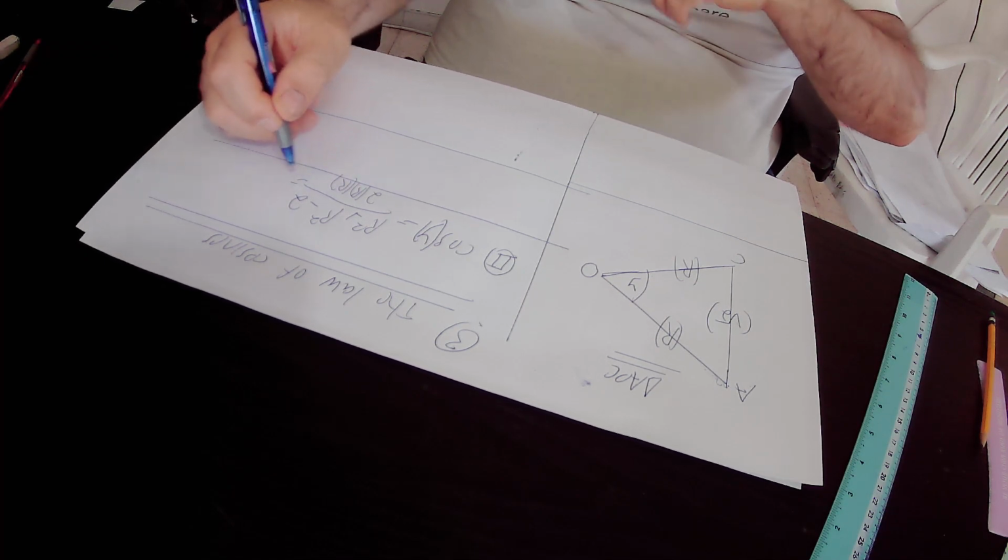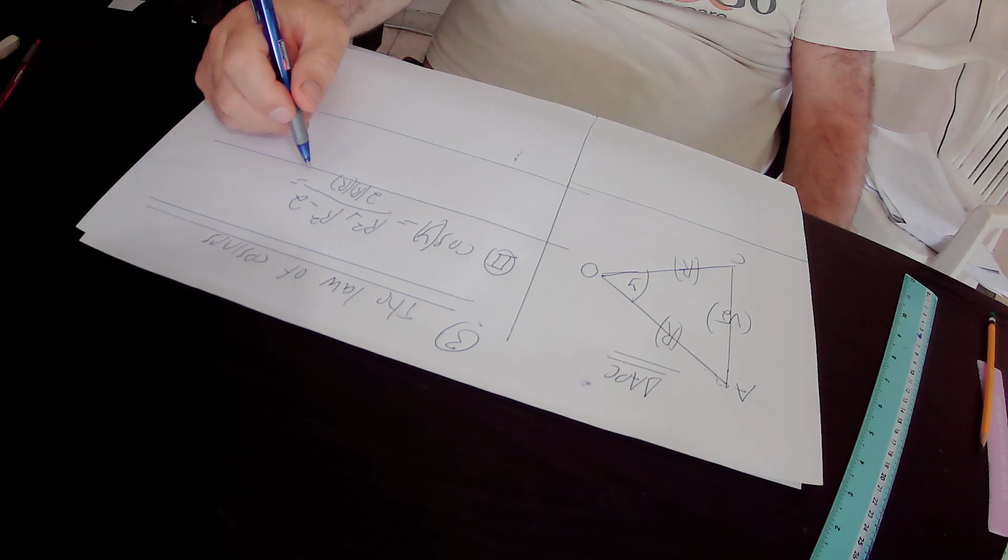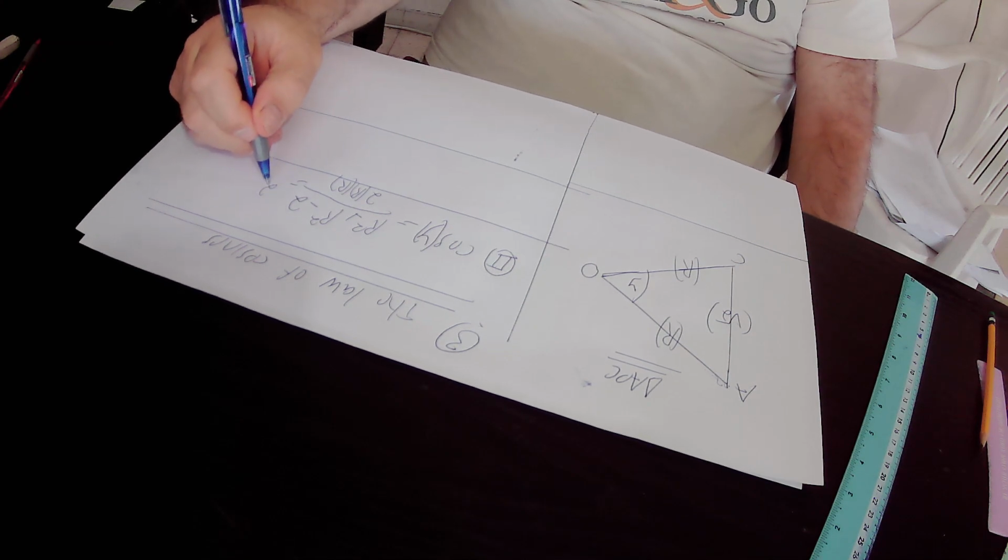So in total we have found out that cosine y equals R squared plus R squared minus 2 over 2 times R times R. R squared plus R squared is 2R squared.